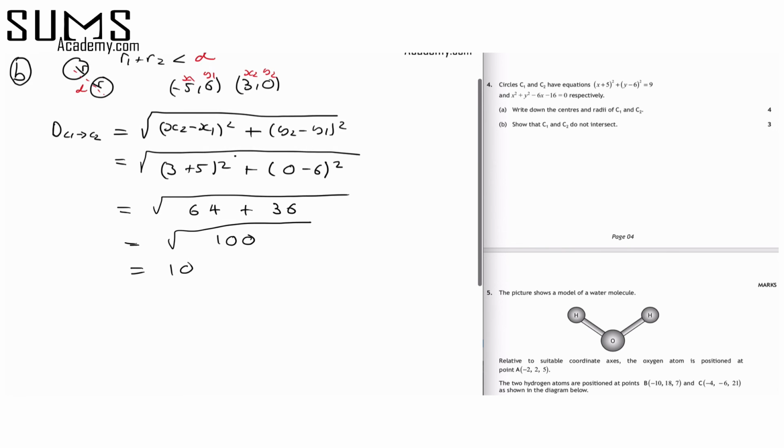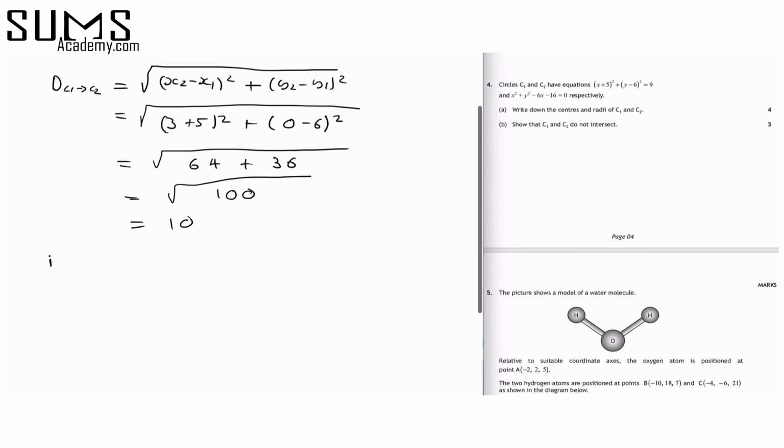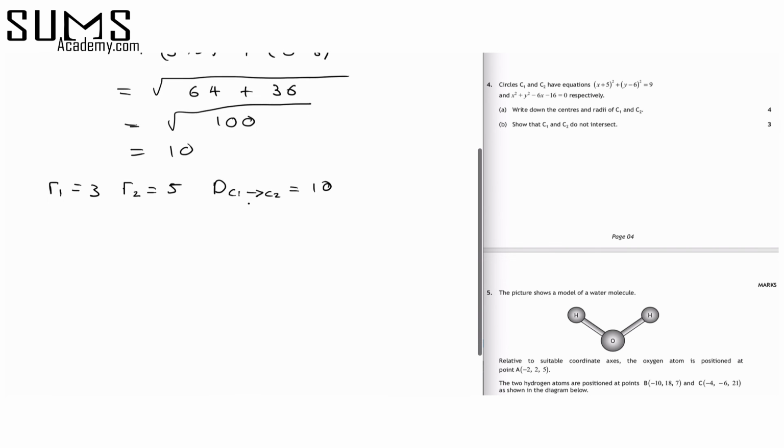We know from the previous question that R1 was equal to 3 and R2 was equal to 5, and the distance from C1 to C2 is equal to 10. So we're going to add these together. R1 + R2 is equal to 8.